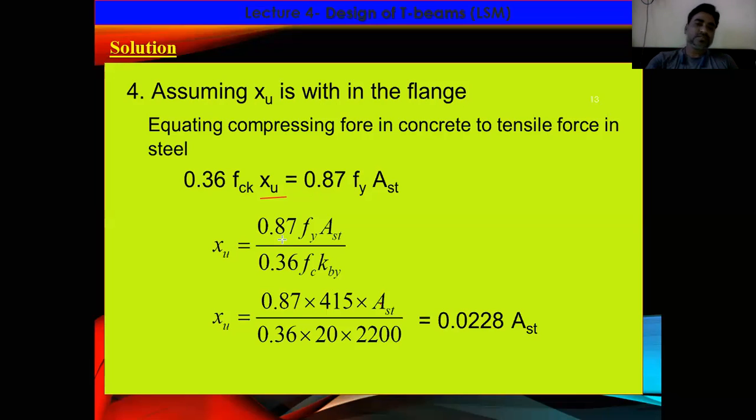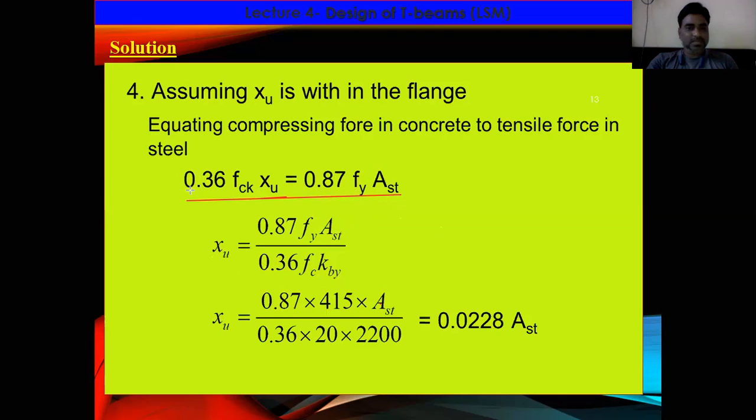If the depth of the neutral axis is within the flange, this is the compression force and this is the tension force. Equate compression force equal to tension force, and we will get the depth of neutral axis in terms of Ast. Here, Ast is also unknown, right?